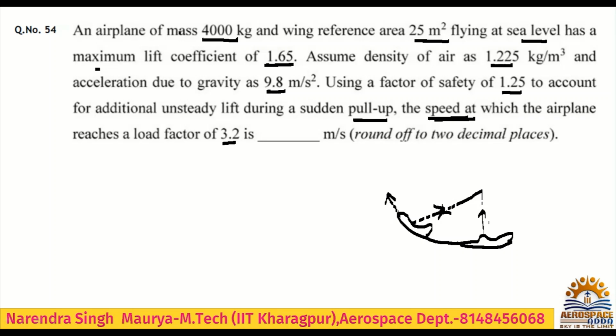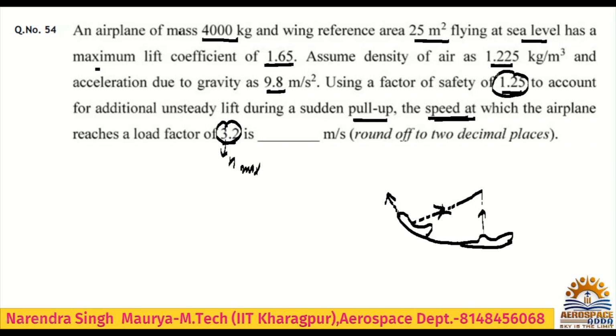Anyway, it's simple only. The thing is, you need to understand the condition, and what condition they have given: reaches a load factor. It means this load factor will be the maximum load factor, n max. Working load factor they have not given, but yes, factor of safety they have given, 1.25.